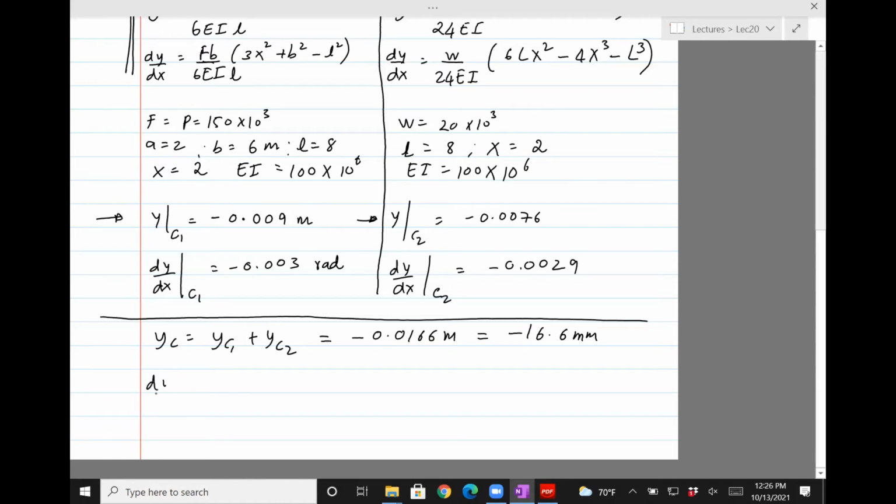And then dy by dx at C equals dy by dx at C1 plus dy by dx at C2. So just sum them up and you get minus 0.0059 radians.